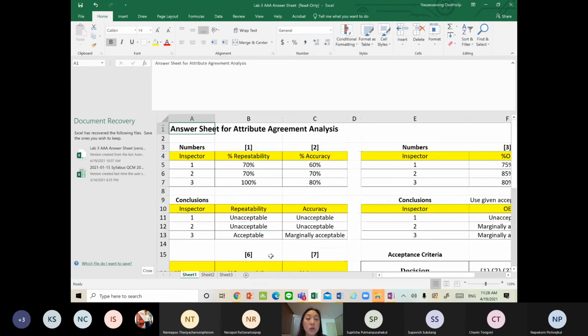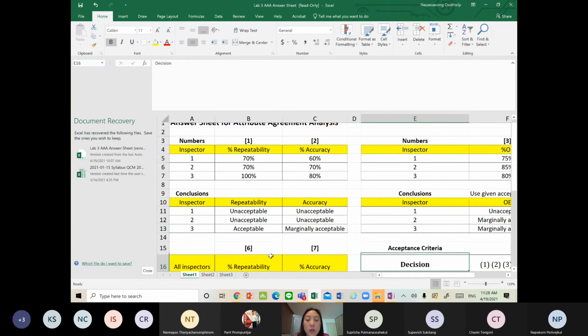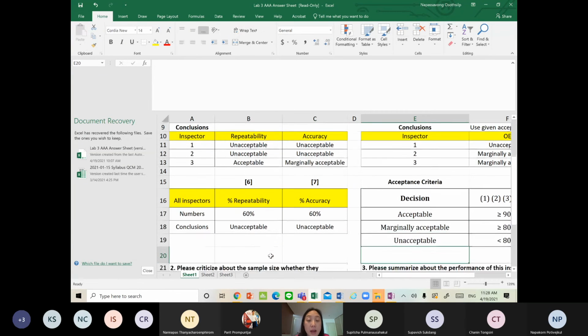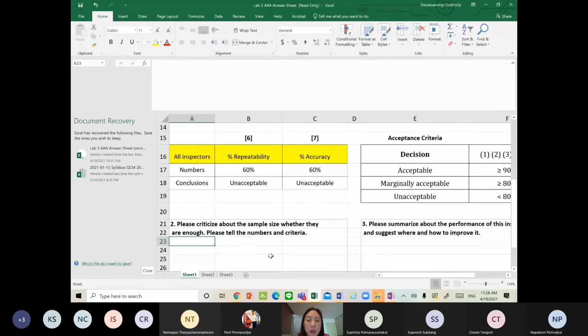So I expect you to hand in only one file, which is this file. You can fill in question number 1, the numbers of all indicators, in these cells, and then question number 2 you can answer in this box, and also number 3.